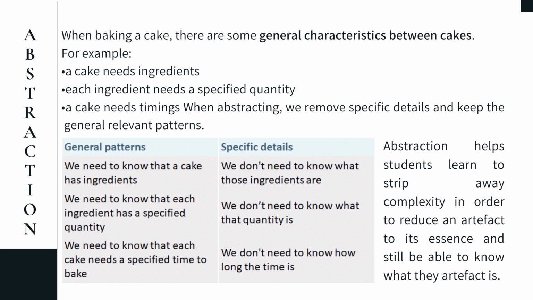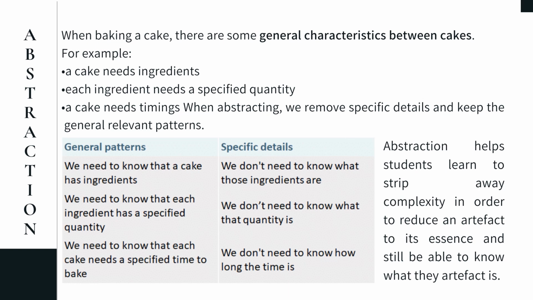Let's see examples of general patterns. We need to know that all cakes have ingredients, but we don't actually need to know what those ingredients are. Also, we need to know that each ingredient has a specified quantity, but we don't need to know what that quantity is, as that is a specific detail. We need to know each cake needs a specified time to bake, but we don't need to know how long this time is.